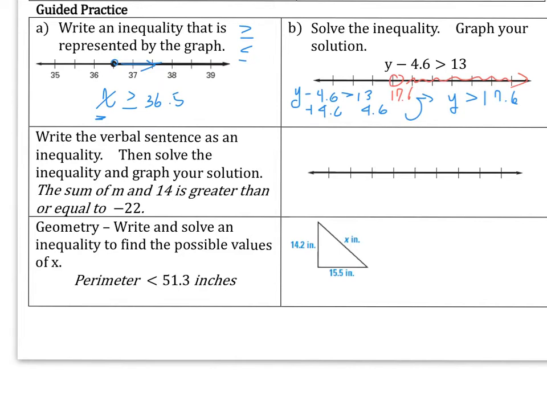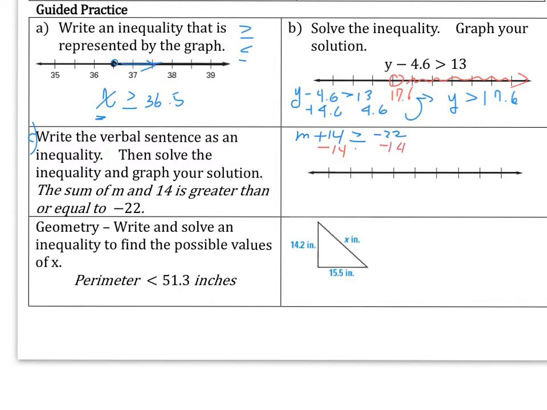Now for the next problem, you are to write the verbal sentence as an inequality and then solve the inequality and graph your solution. So the sum of m and 14 is greater than or equal to negative 22. Now we need to use the subtraction property of inequality to solve this inequality.